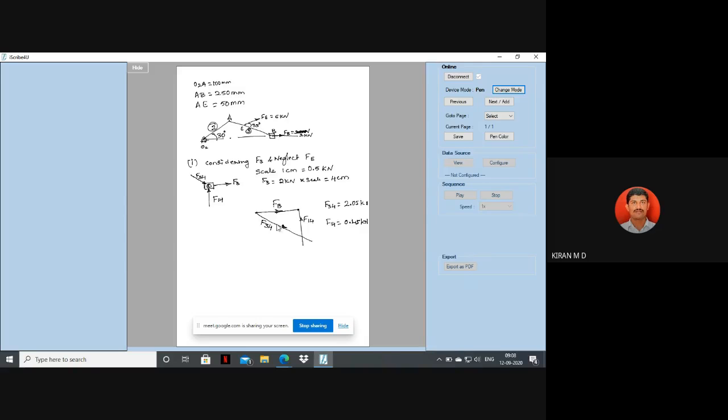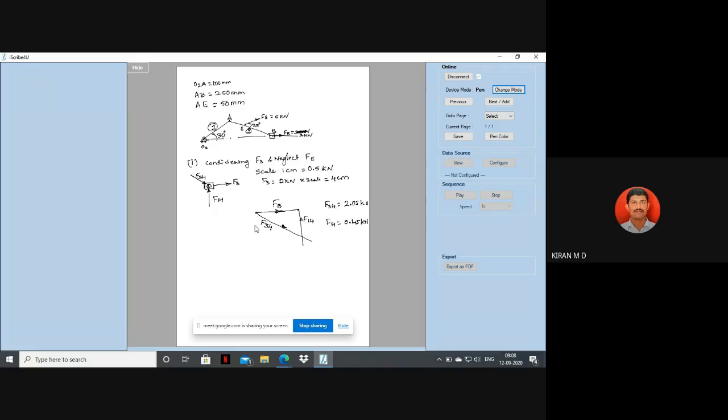If you got this type of problem, try to draw a bit larger diagram. Use a bit larger scale, so you will get correct values. If it is very small, you are not able to measure 1 mm, because your pencil thickness may be 1 mm or 2 mm, so you will lose those values.